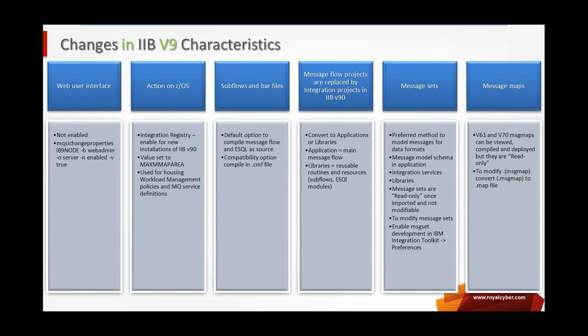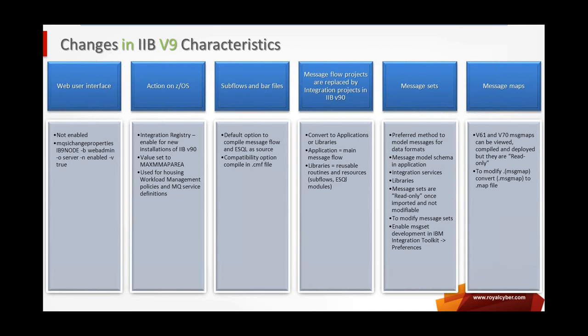The same is applicable to the message maps. If any of the flows are using message maps, they will be readable, but you cannot modify them. They will work, and you can definitely deploy and use those flows after migration.